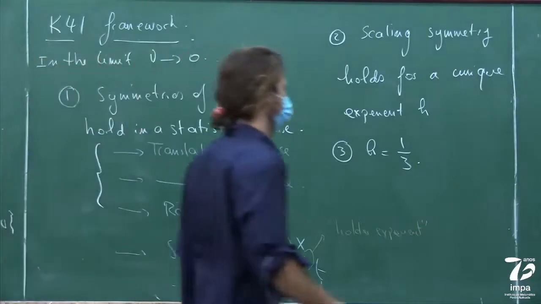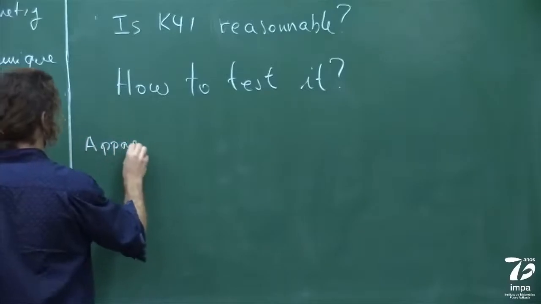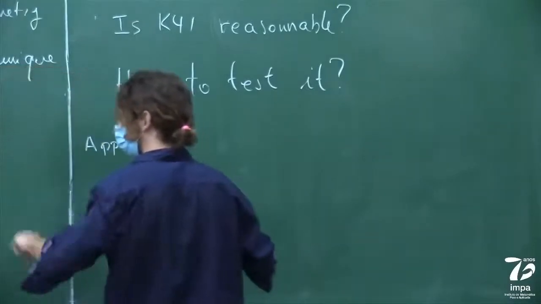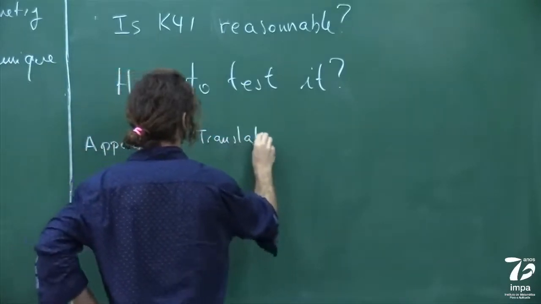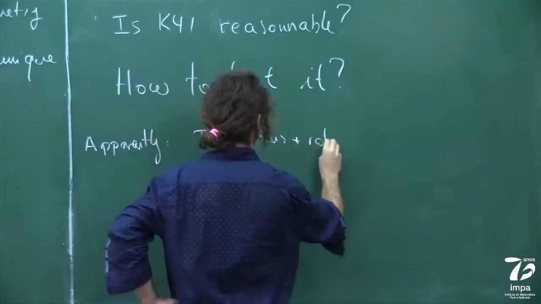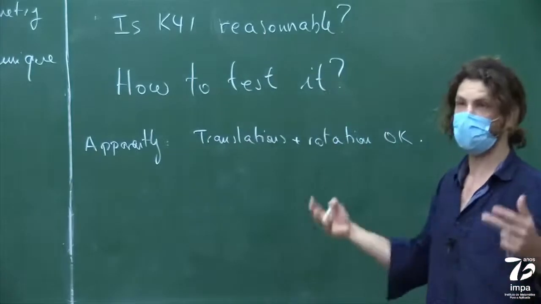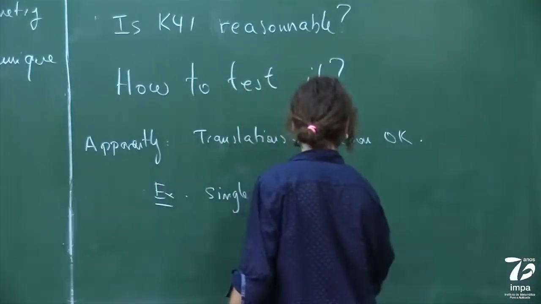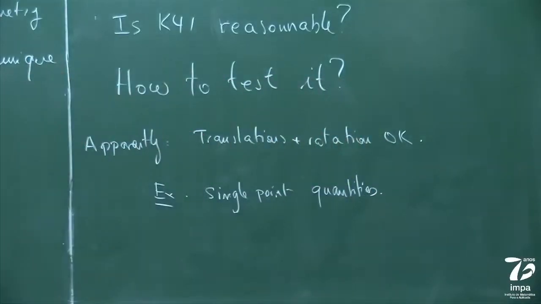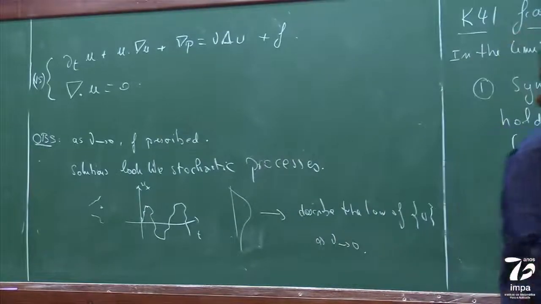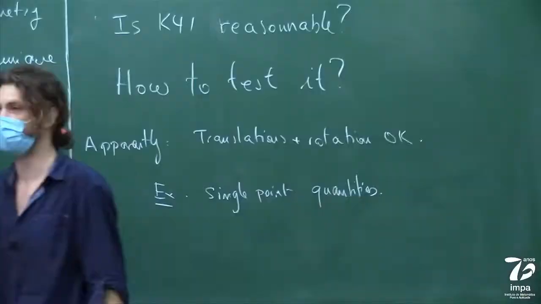In the sense that apparently translations plus rotation are fine: if we look at those kinds of quantities where we are looking at a velocity fluctuating, then those points do not depend on the scaling.